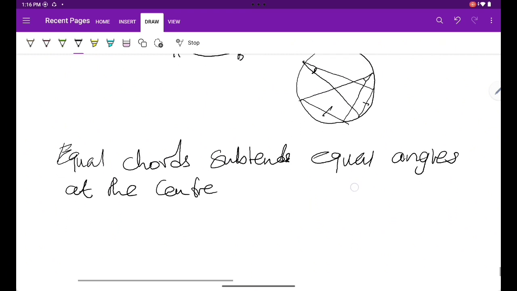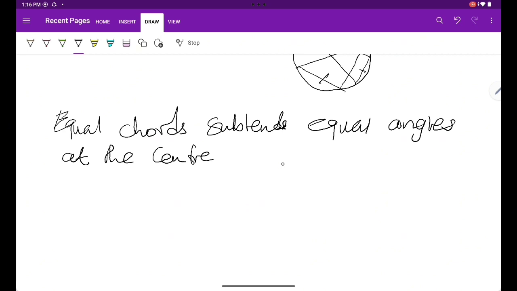In other words, if I have a chord subtending an angle at the center, and I have another chord subtending an angle at the center, and this chord equals that chord, then this angle equals that angle.